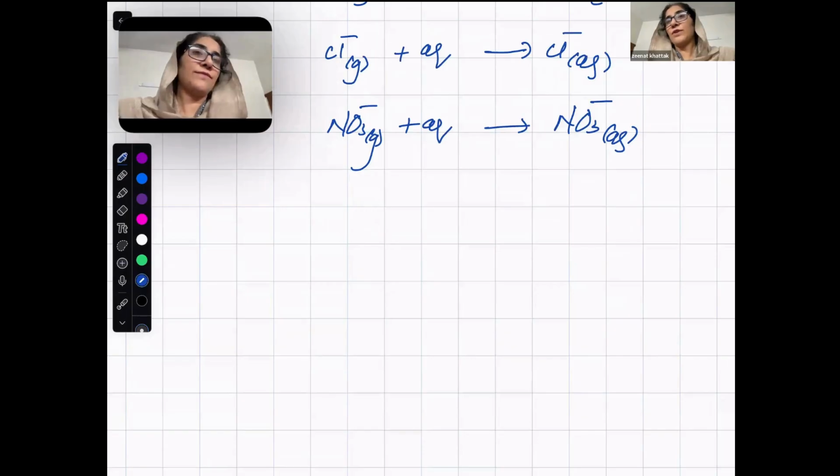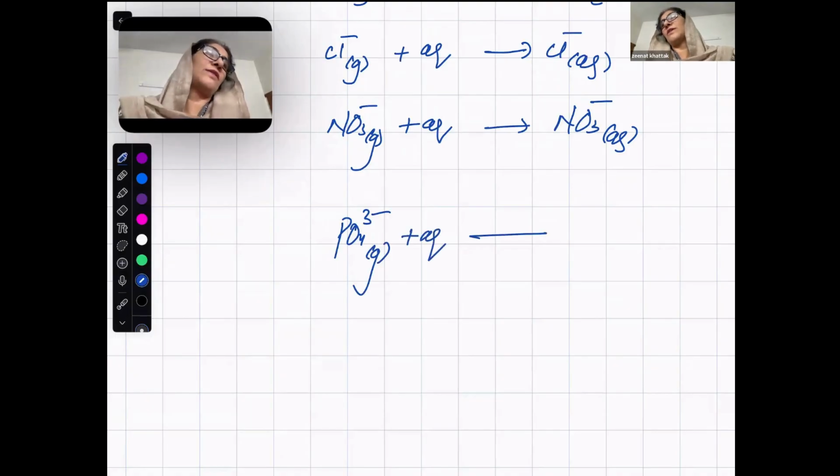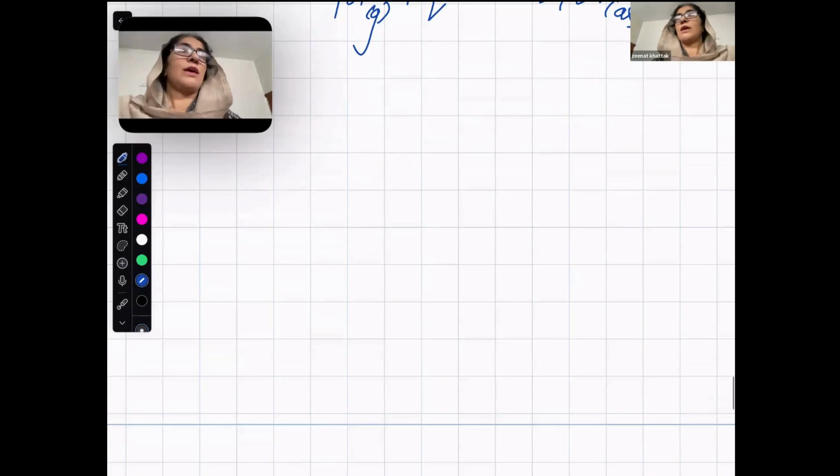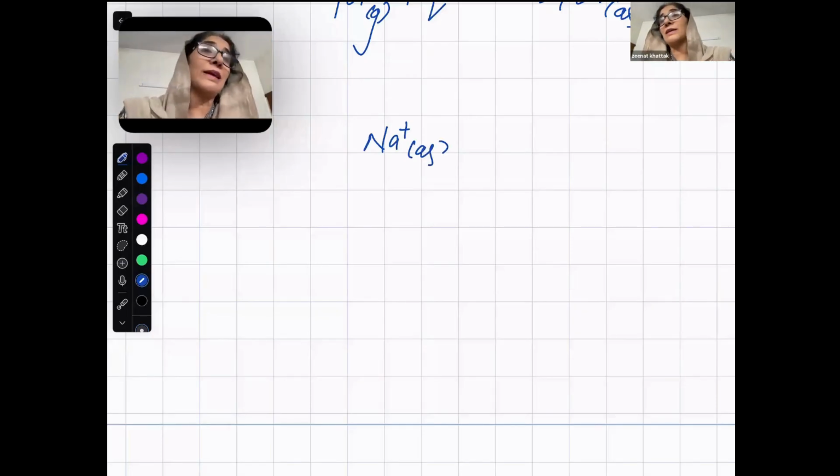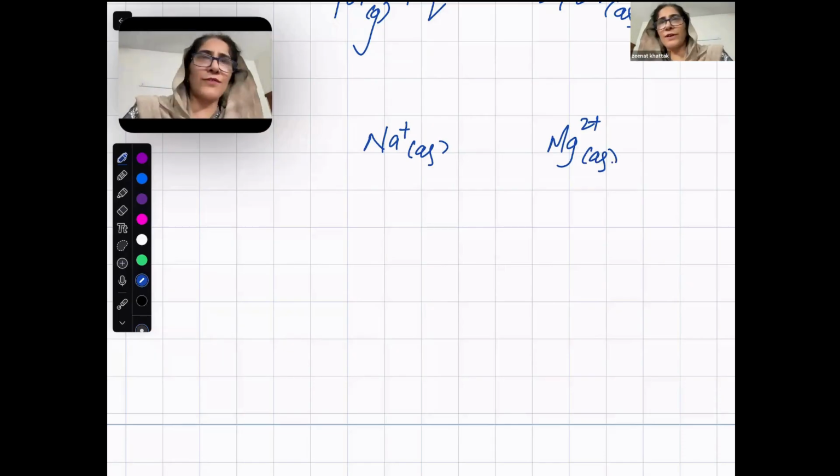I have phosphate ions in excess water, phosphate aqueous. Will sodium have more exo delta H hydration or magnesium? How will you do this? I'm taking my coffee. Think about it. Which one has more exothermic delta H hydration?